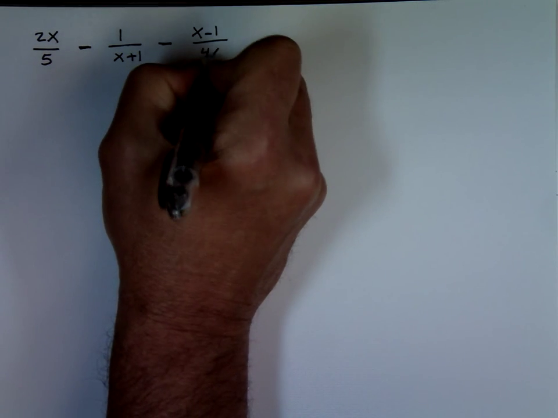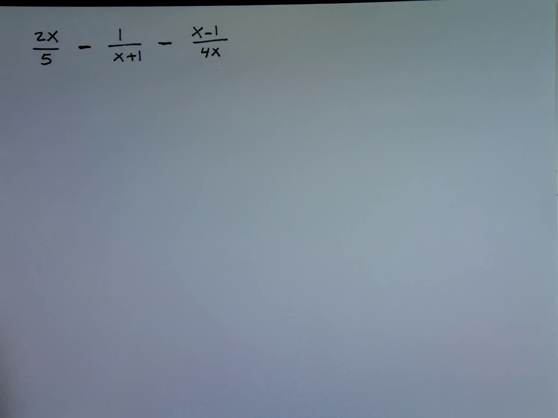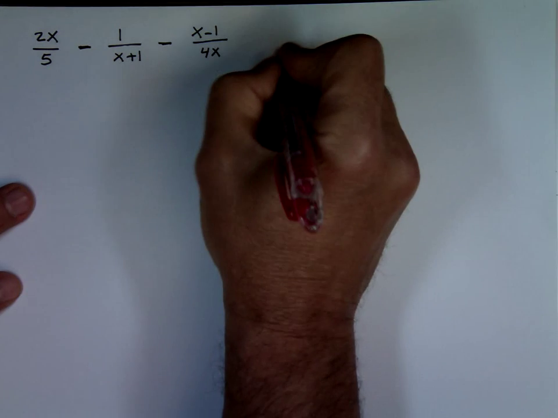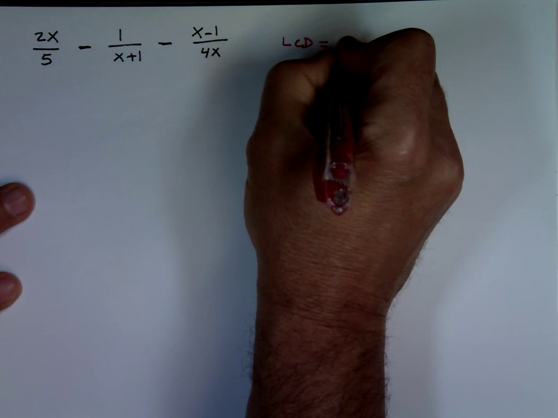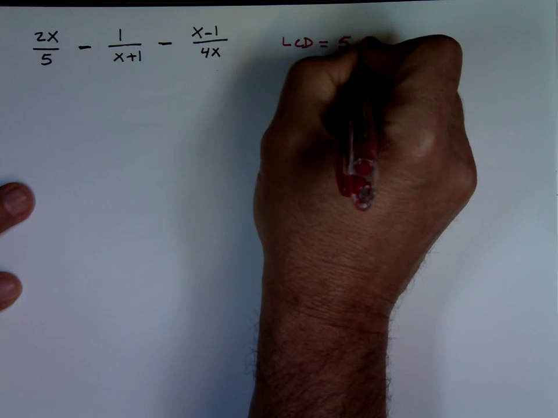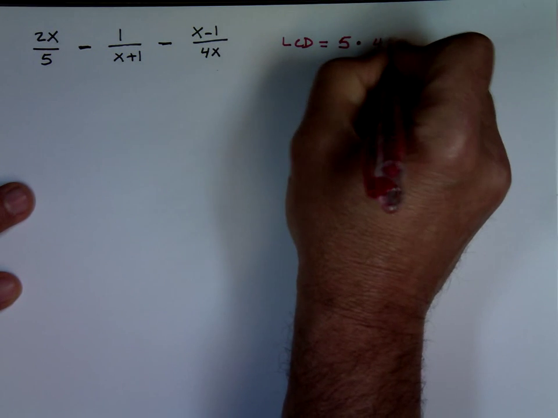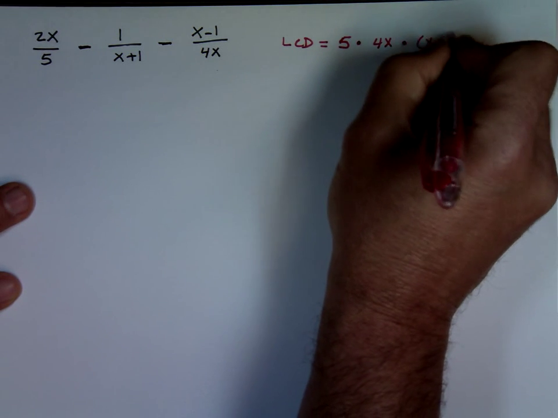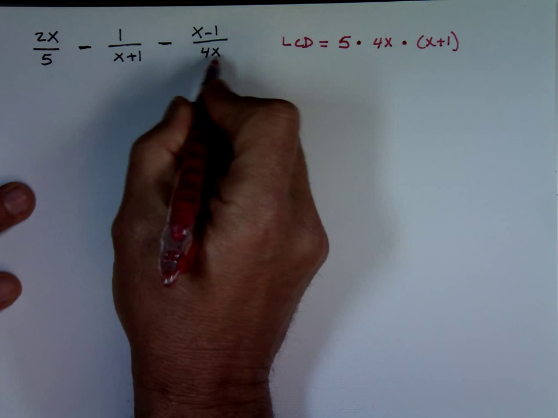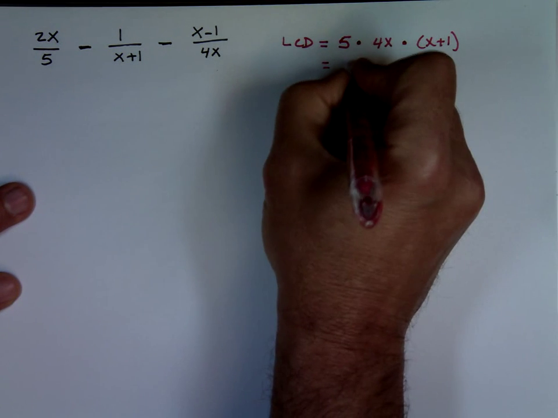And again, my LCD, the 4 and 5, I can't break them down. It's 5 times 4x times x plus 1. This times that, which is 20x times x plus 1.